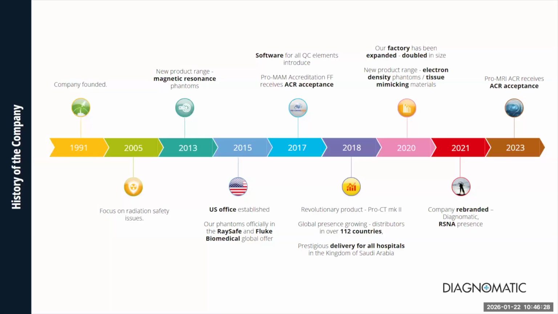And in 2021, 4 years ago, we rebranded from Pro Project to Diagnomatic. From that time, we started also to participate in RSNA on a yearly basis. In 2023, Pro MRI received the ACR acceptance.